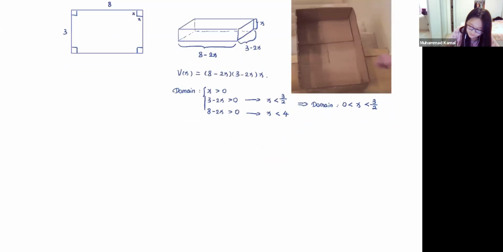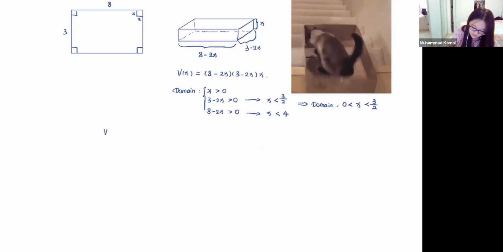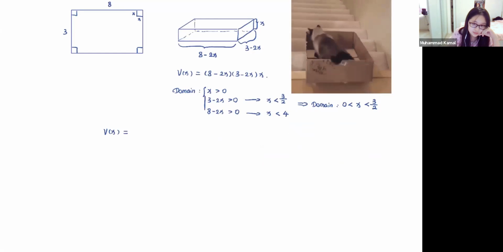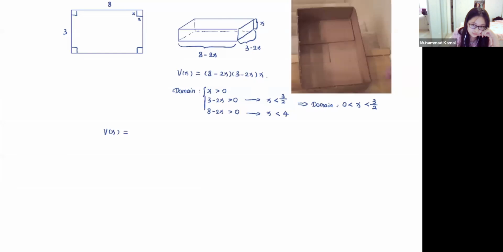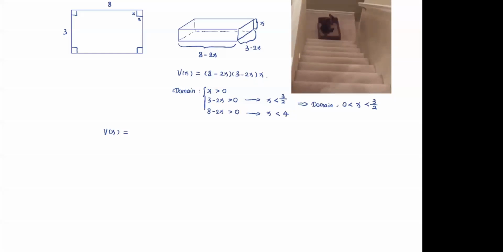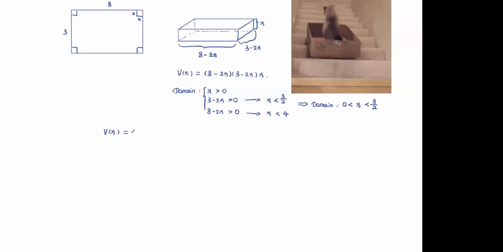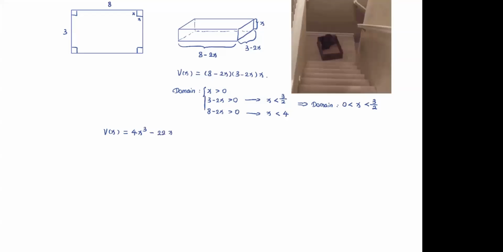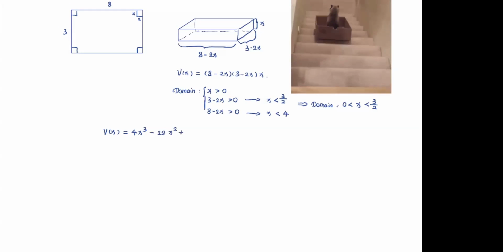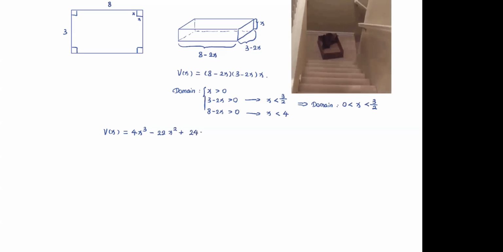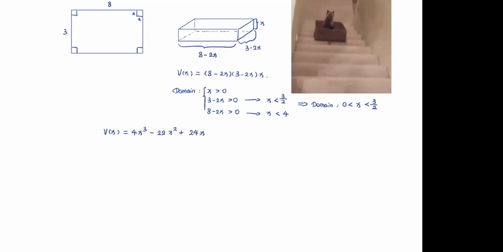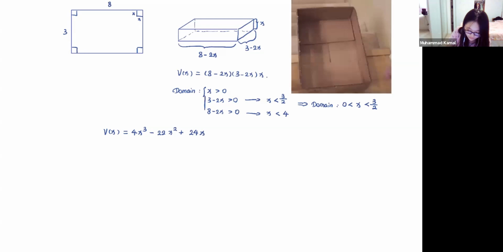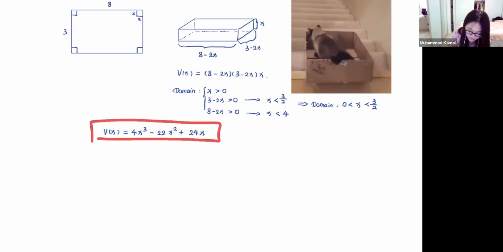So what do we get after we expand this? V of x equals, what do we get after we expand this? You get 4x cubed minus 22x squared plus 24x. So this is your volume, and one of you said let's take the derivative.